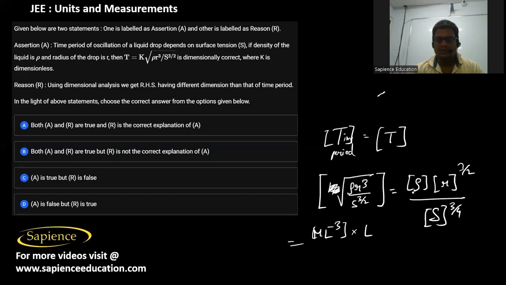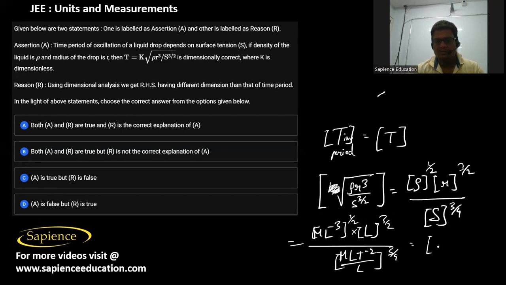So here rho is M L power minus 3 whole power half, obviously. And r is L power 3 by 2, divided by S. S is force per unit length, so that is F, that is M L T power minus 2 by length, whole power 3 by 4.